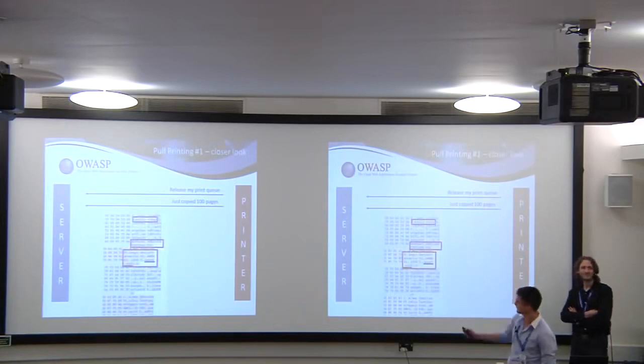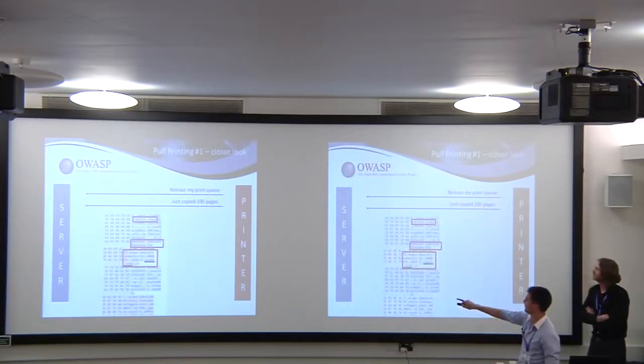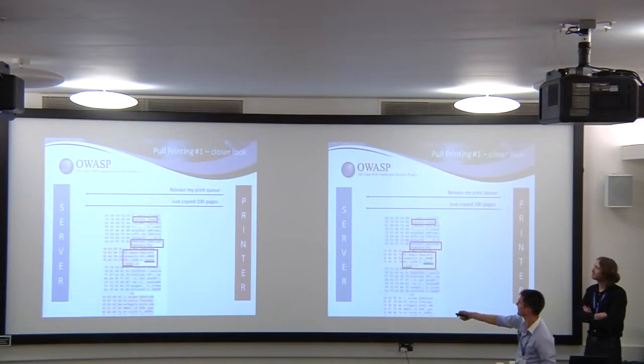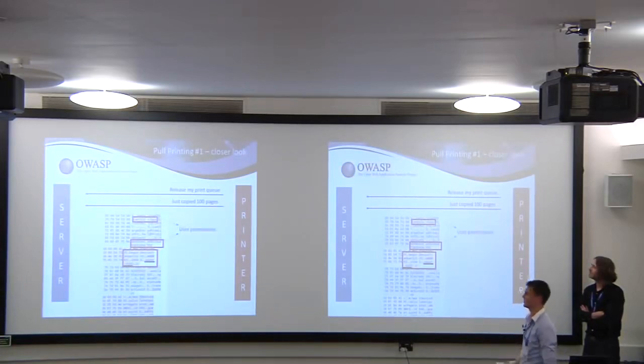On the wire, it was a binary protocol with some clear text, let's say. The blue ones are from the server. So the server responded if the authentication was okay, and sent some user permissions, for example, if he can copy in color.